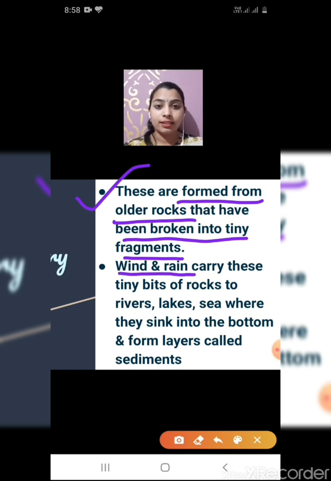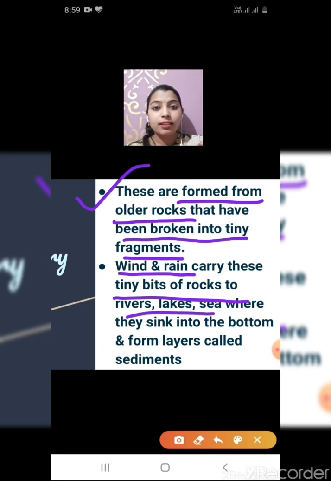Wind and rain carry these tiny bits of rocks to river, lake, sea, where they sink into the bottom and form a layer. That layer is called sediments. Understood? First of all, the sedimentary rocks are formed from the older rock.